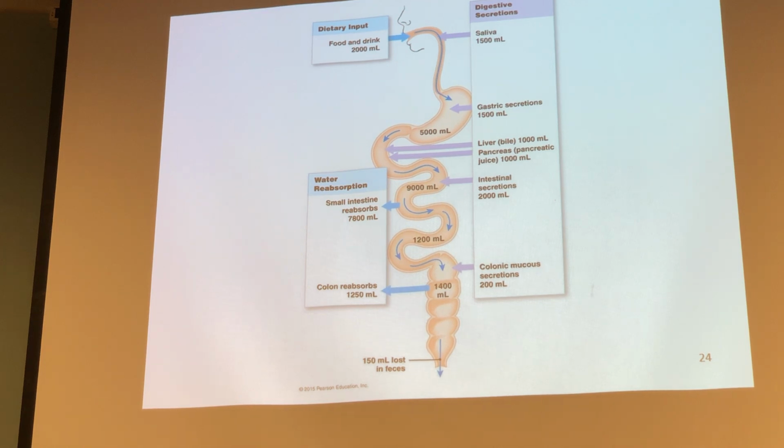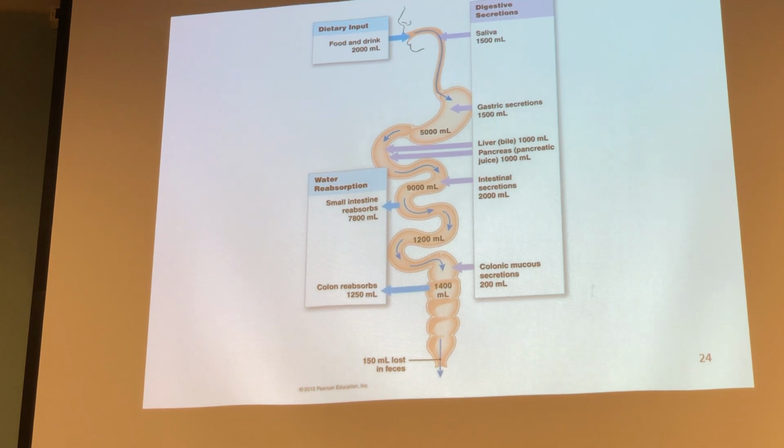This is only 500 mils, right? You make how much bile in a day? Well, about 1 liter of bile, about 1 liter of gastric secretions. And then there's water and enzymes coming in, about 2 liters of water coming into the intestines. So we get overall about 9 liters of liquid.